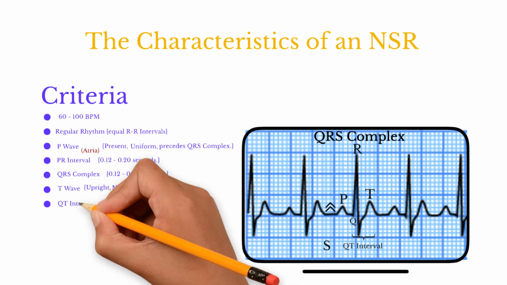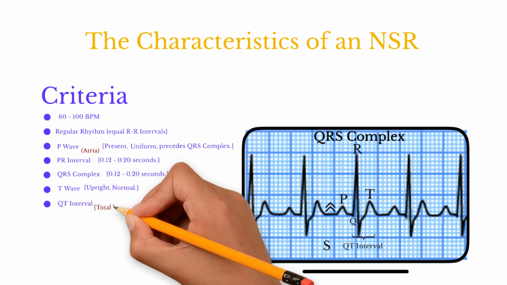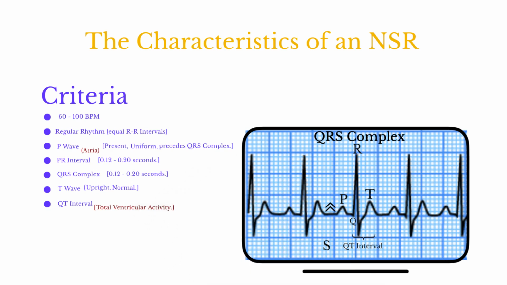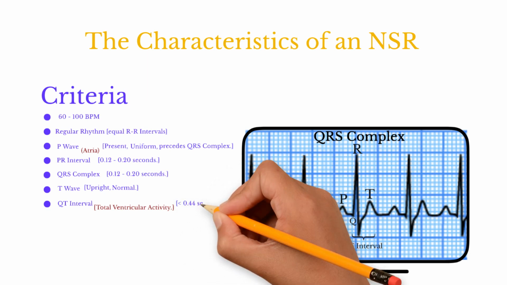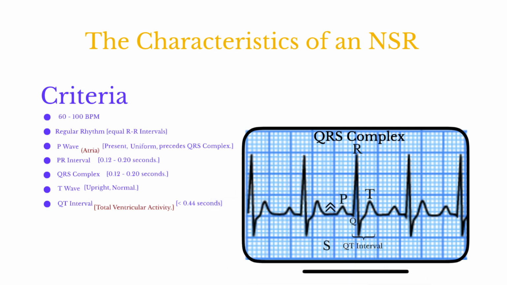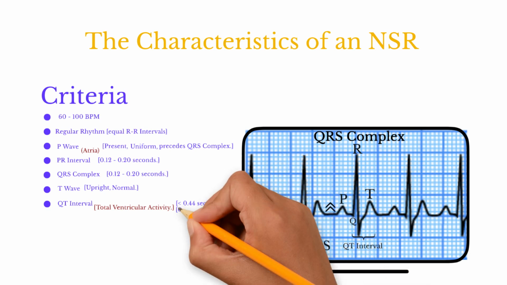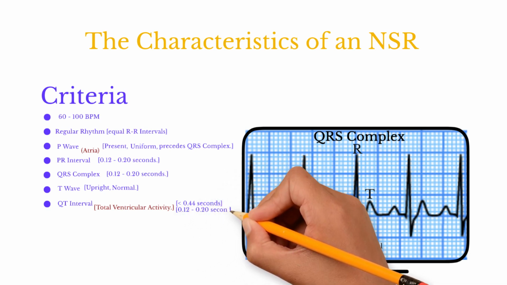And the QT interval, which represents the total ventricular activity, that is the contraction and relaxation of the ventricles, has to measure for men less than 0.44 seconds, and for women less than 0.46 seconds.